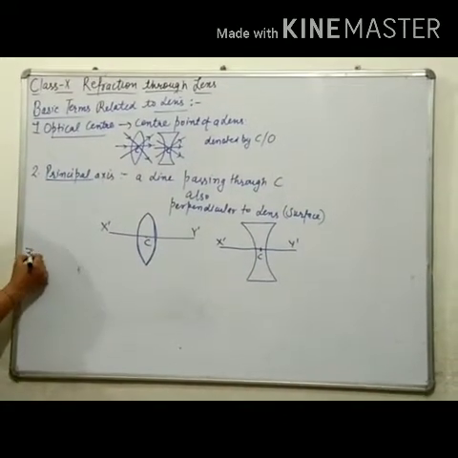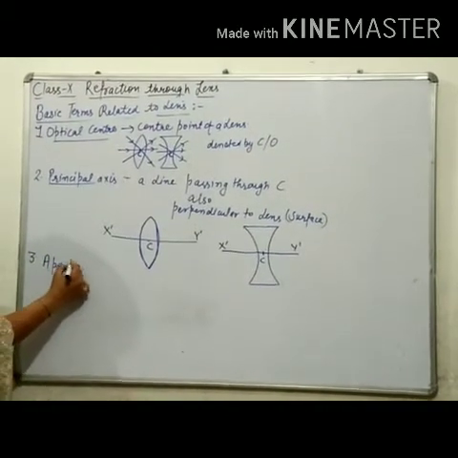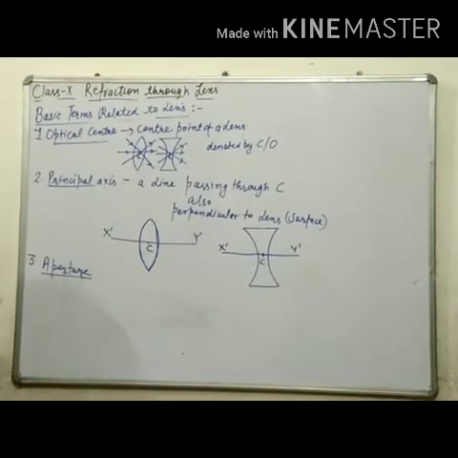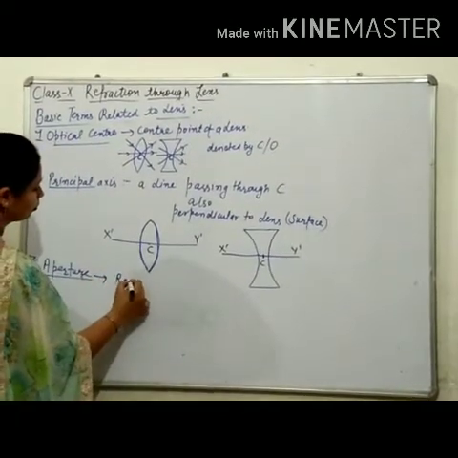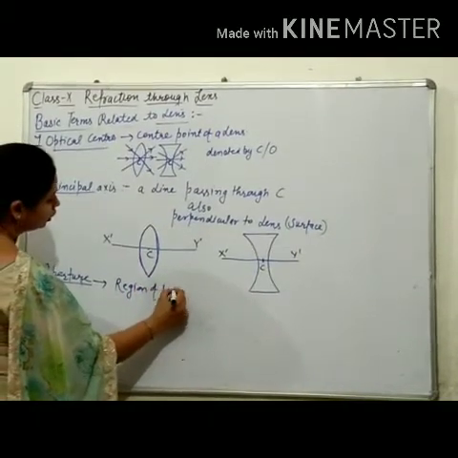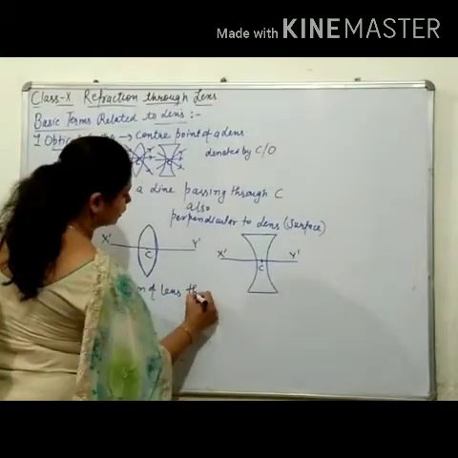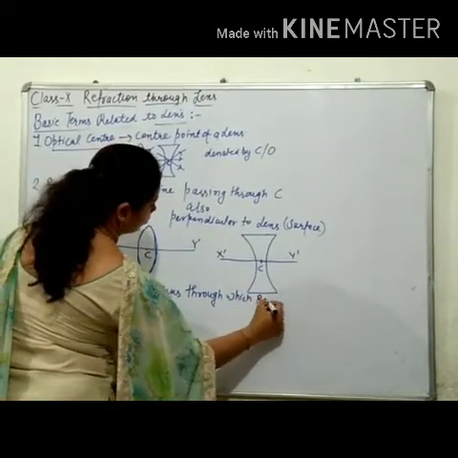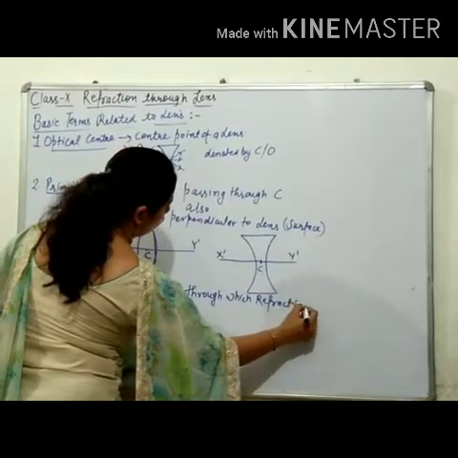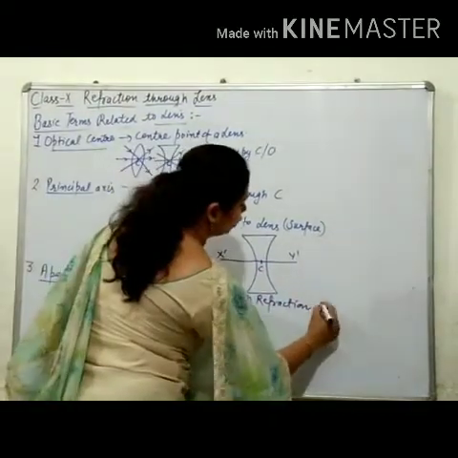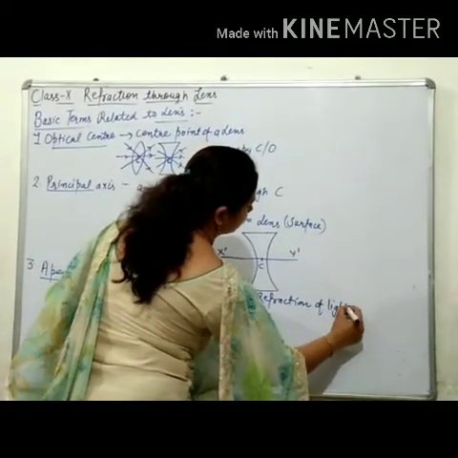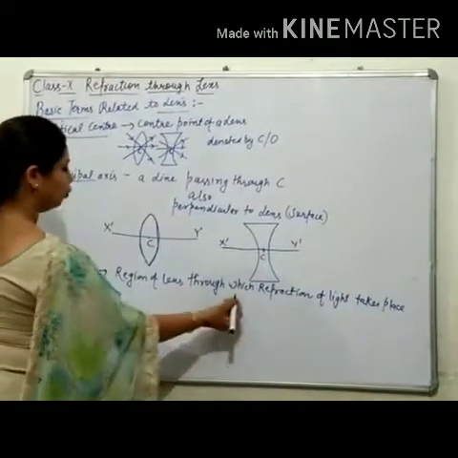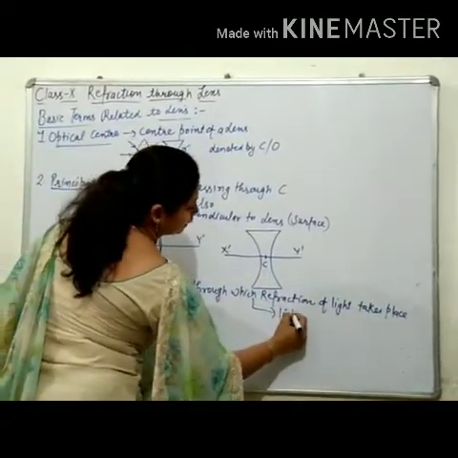Now third one is aperture. What is aperture of a lens? Aperture of a lens is the region of the lens through which refraction takes place, or I may call it the region through which light passes.